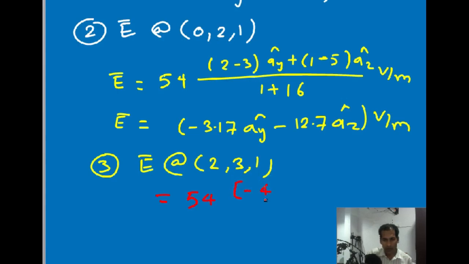This will be minus 4 AZ cap divided by 16. So if we solve this, we will get minus 13.5 AZ cap, and the unit is volts per meter. So this is the solution of this example.